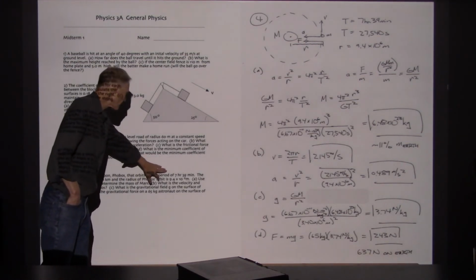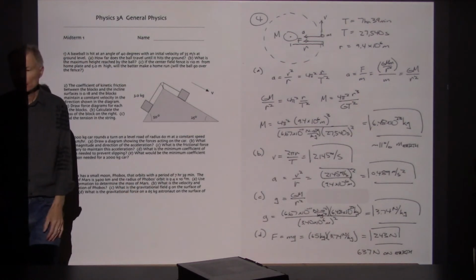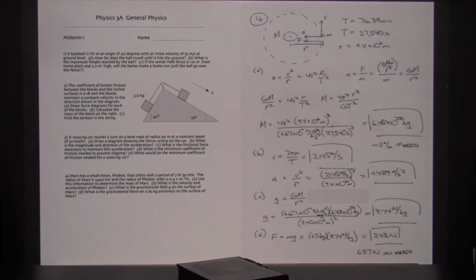Phobos orbits with a period of 7 hours. Wow, that's a pretty short time. Earth's moon orbits roughly once a month, but this moon orbits in 7 hours.